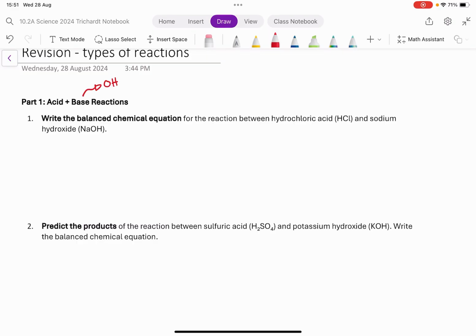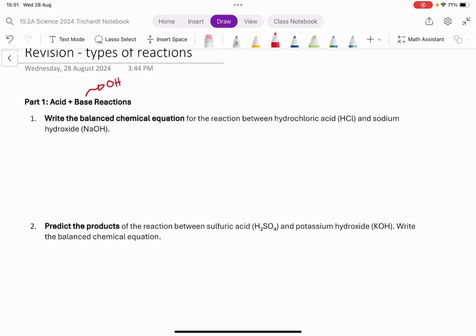First thing you're going to do is write out your reactants. In this case, we have hydrochloric acid and sodium hydroxide. So we get hydrochloric acid added to sodium hydroxide. Make sure that it is correctly balanced with the charges. In this case, it already gives us the charges. Reacts to produce, we know that an acid and a base produces a salt and H2O.